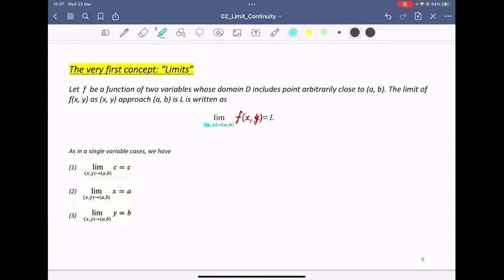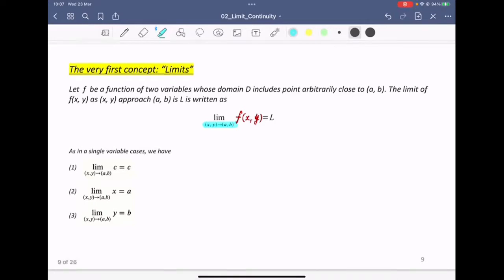The convergence notation is a point (x, y) approaching (a, b). Before you had x approaching a, but now you need a pair (x, y) going to (a, b), which is fine, because it's in two dimensions, so you need that.